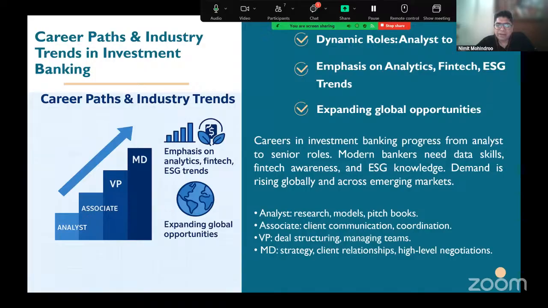Modern bankers need data skills, fintech awareness, and ESG knowledge. ESG is environmental, social, and governance, right? All this knowledge should be there with the BA. Demand is also rising globally and across emerging markets, right? So the BA role should emphasize analytics, fintech, and ESG trends.